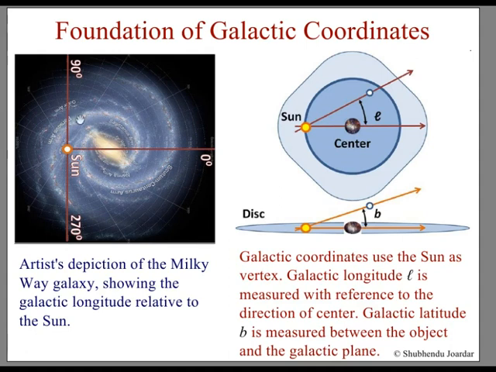I don't remember exactly how many there are. The distance from here to here is about 22 kiloparsecs or something like that. Our sun is located around 8.5 kiloparsecs from the center of our galaxy, if I remember correctly.